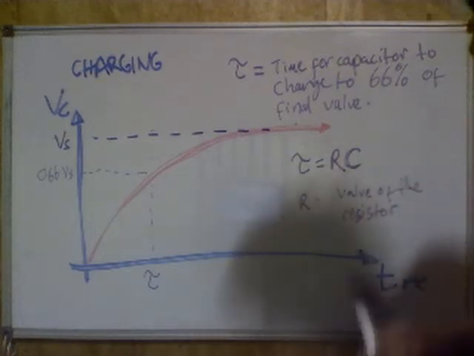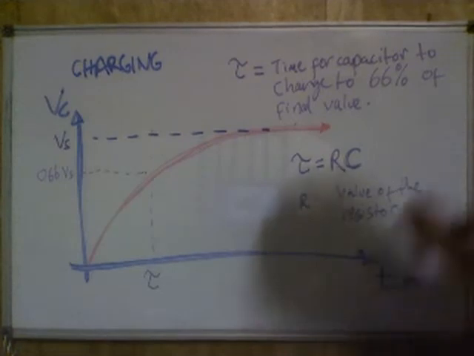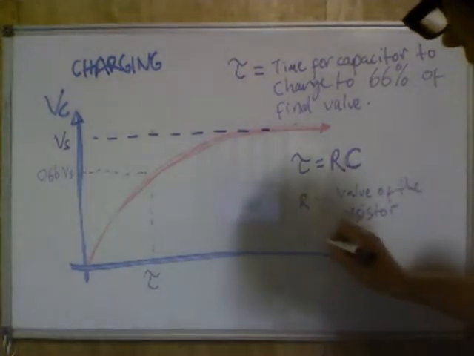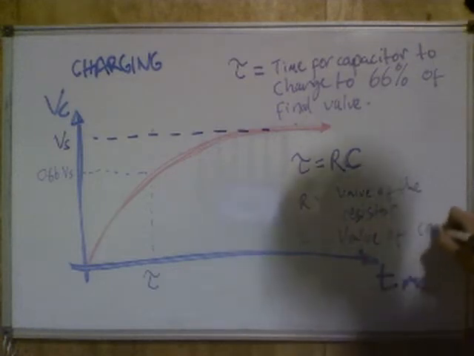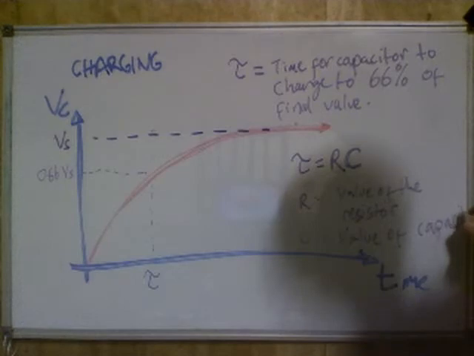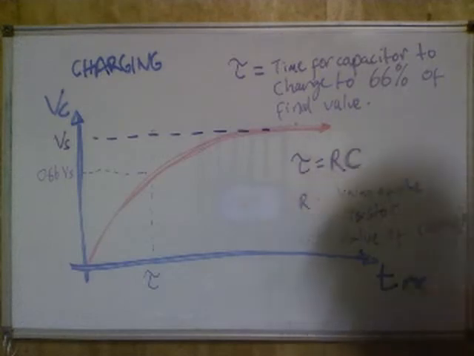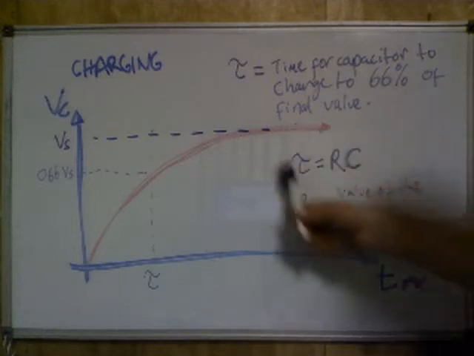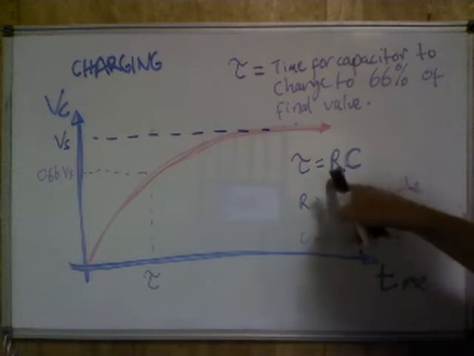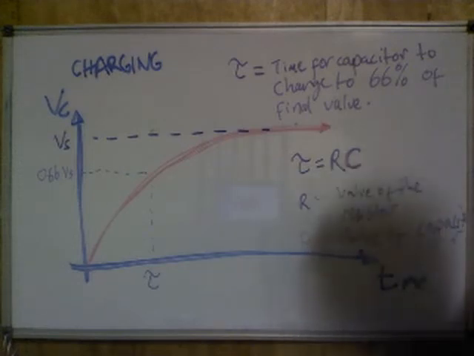The resistor here in the circuit, and C is the value of the capacitor. Values of capacitors are given in units known as farads, and the symbol is F. So if you want to find out how long it takes for a particular circuit with a capacitor and a resistor to charge to 66% of the final value, you can use tau equals RC.